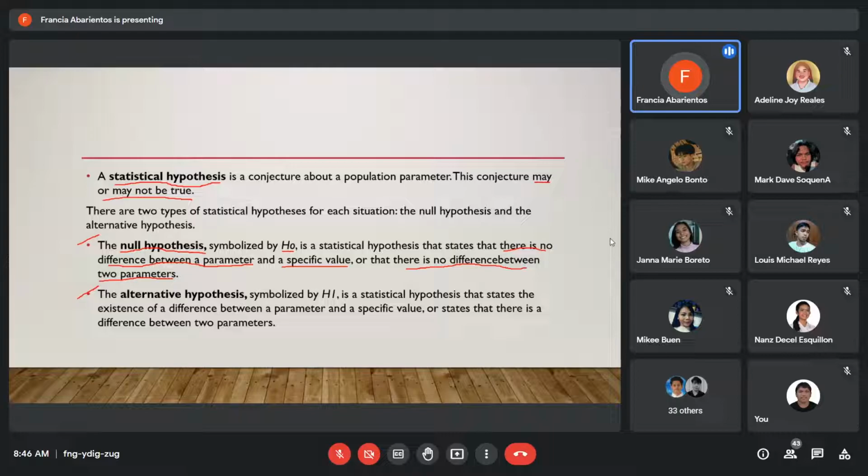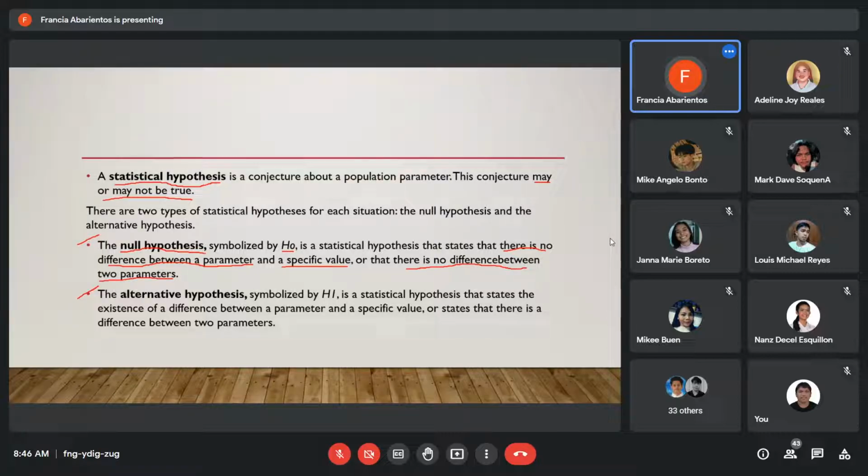So, parameters class are evaluated in your research. You will be the one who will identify what your parameters are in that research. Okay?